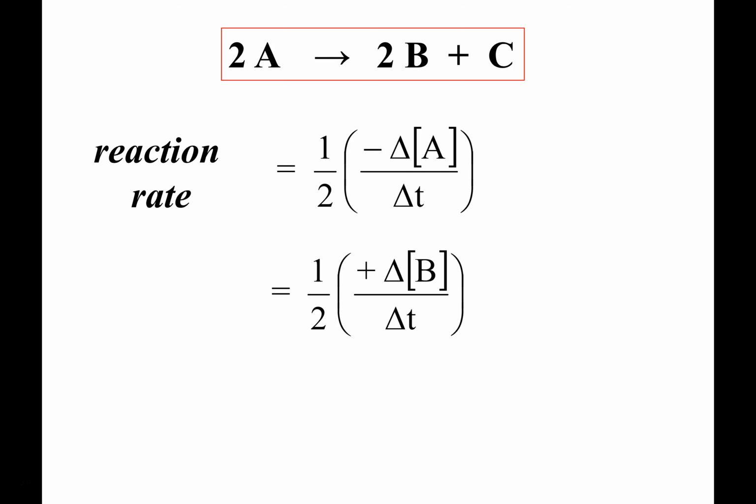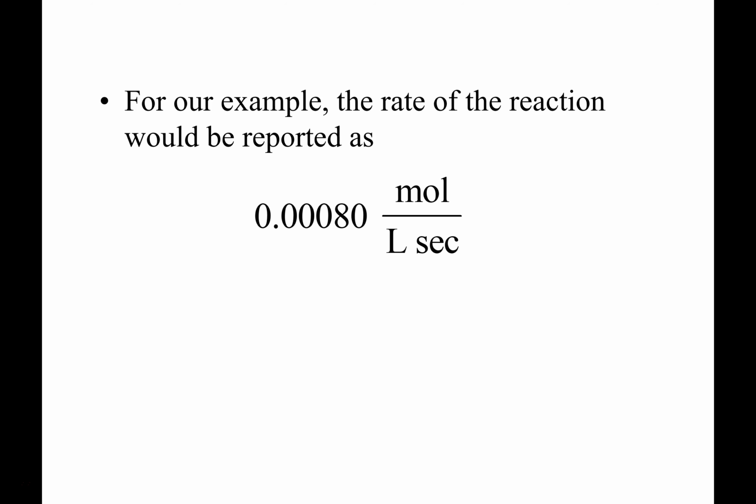For B, it's positive, so we don't have to take it times -1 because it's a product being formed, but we have to divide by 2. And for C, since it's a product, we don't have to multiply by -1, and since the stoichiometric coefficient is 1, we don't have to divide. So that would be the rate.